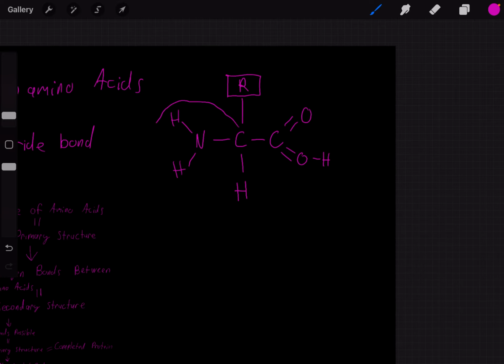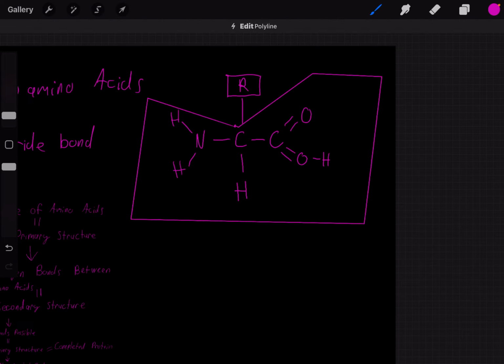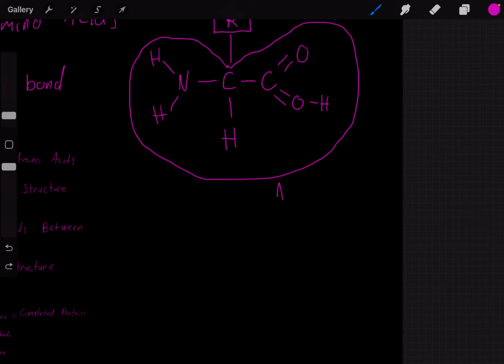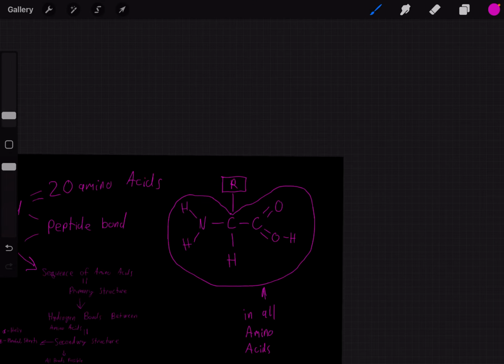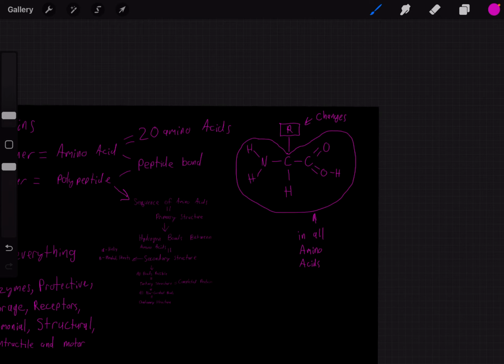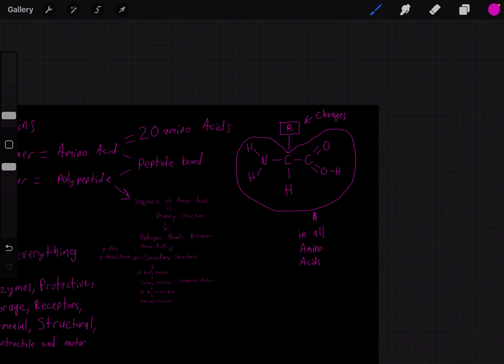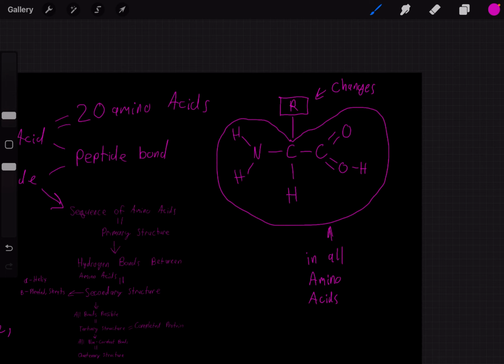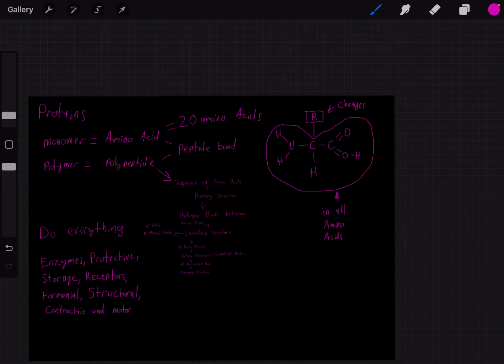This part of your amino acids always stays the same in all amino acids. And the R group is what changes in all the amino acids. So all amino acids have different R groups, but the rest of the amino acid is the same. And that's pretty much for proteins.